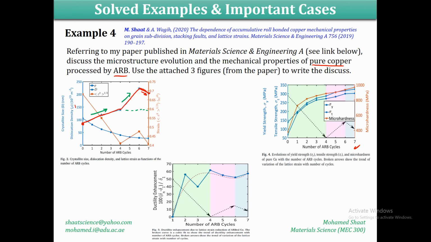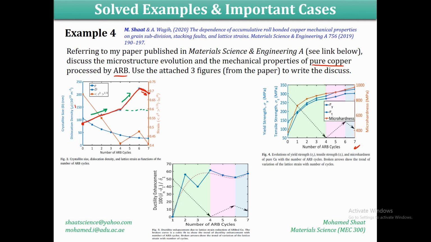The grains will be divided and become smaller in size, and this will result in the generation of new dislocations within the newly formed subdivided subgrains. Because of the grain subdivision, this is the main reason that makes the dislocation between cycle 4 and 6 increase more.